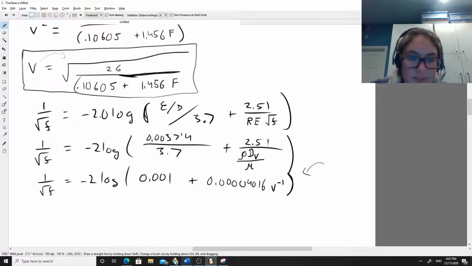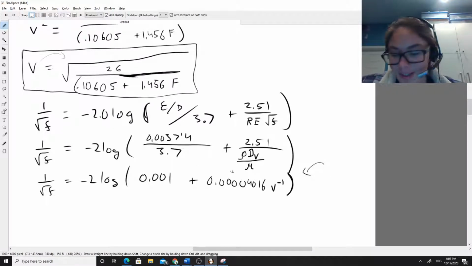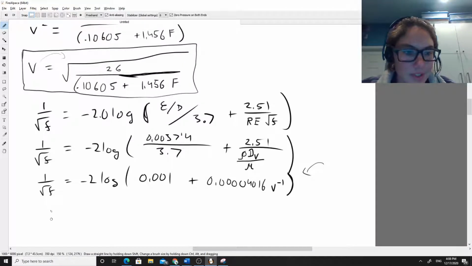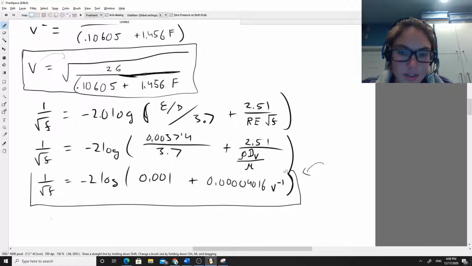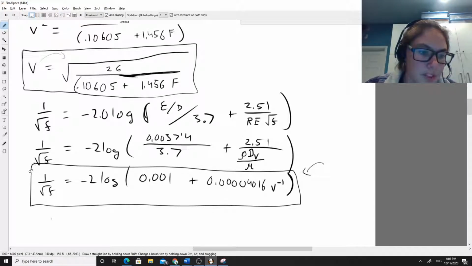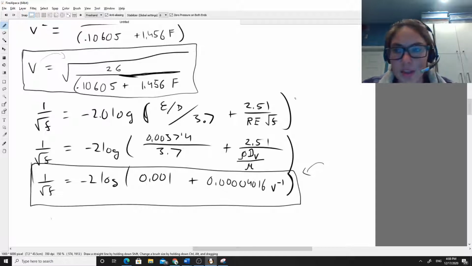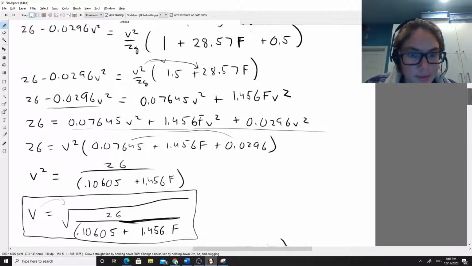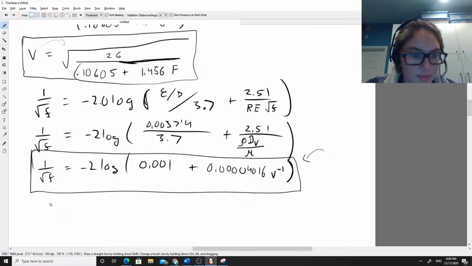Doing this is a little long on a calculator, but you can do it. And ultimately, you're going to come up with the same, if not a very similar answer to what you got in the first place. So you're going to get F is going to be equal to 0.022.